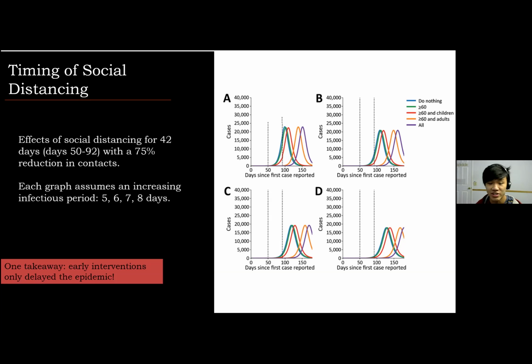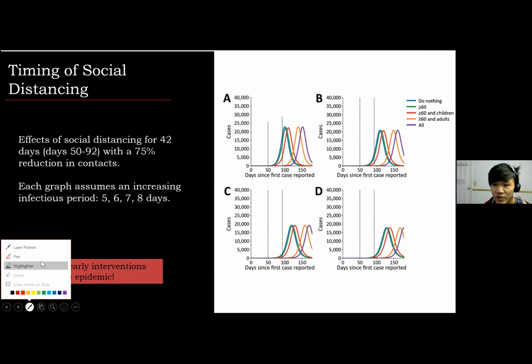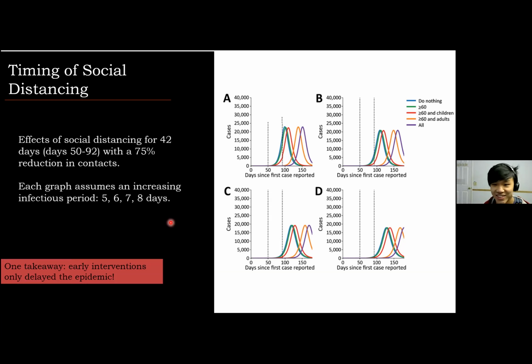From A to D, we have an increasing infectious period assumed for the spread of the virus. And we can see that regardless of this infectious period, when we start our social distancing this early, so to speak, there's hardly any change in the peak of these graphs. So one takeaway of this is that early interventions only delayed the pandemic, since we don't really see a flattening of the curve when we start too early and end too early.